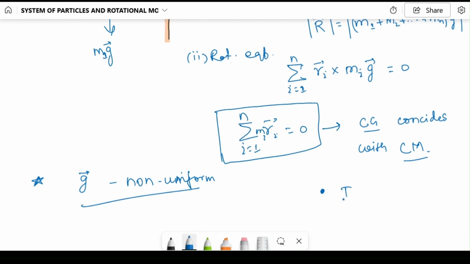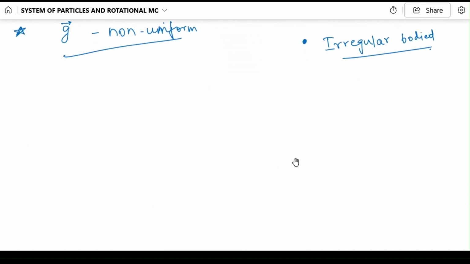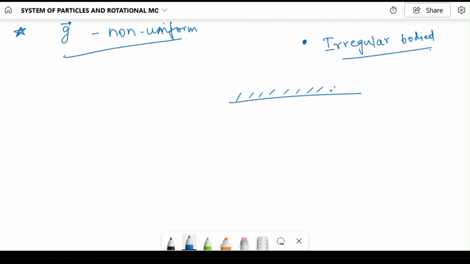What about center of gravity of irregular objects where we have not obtained center of mass till now? So in case of irregular bodies, we can do a small experiment to find out where its center of gravity is located, and this is very easy. Only thing we need to do, we can suspend this body. Let's say this is the body.